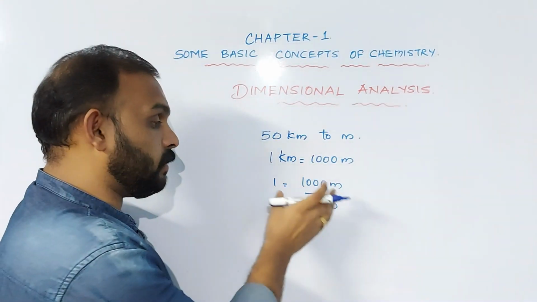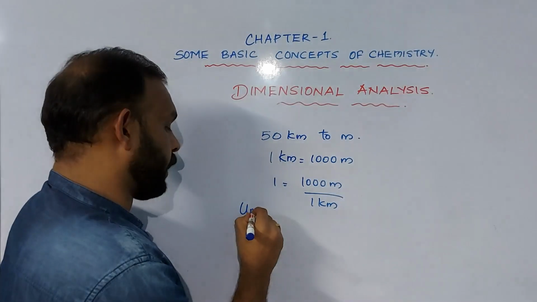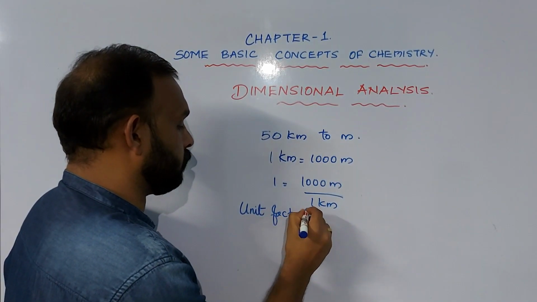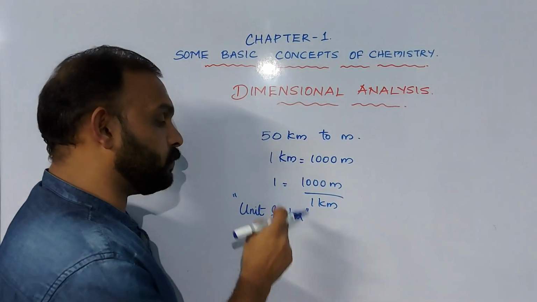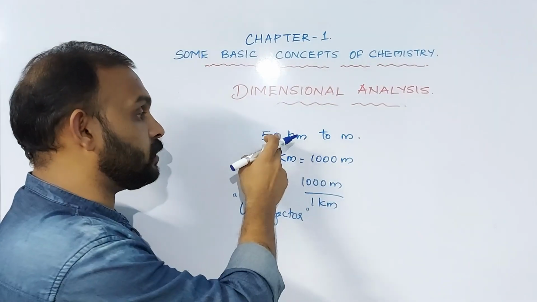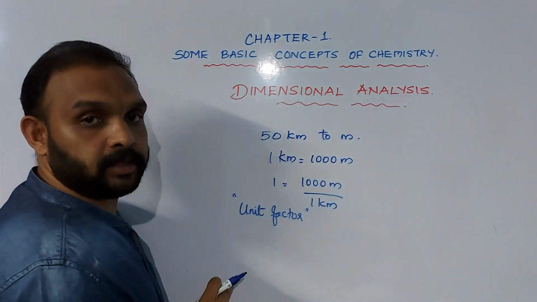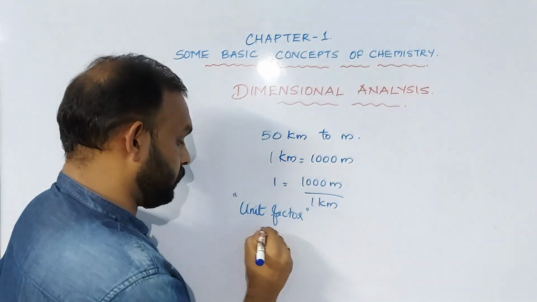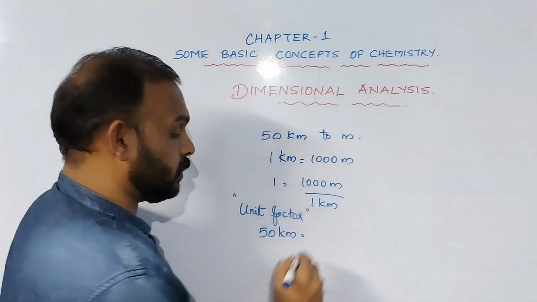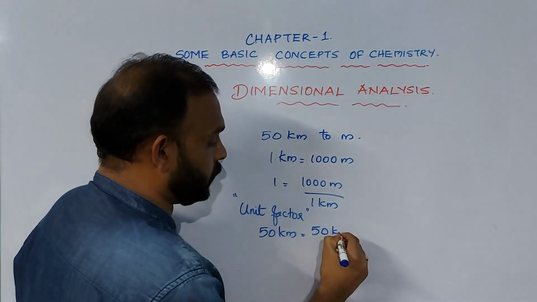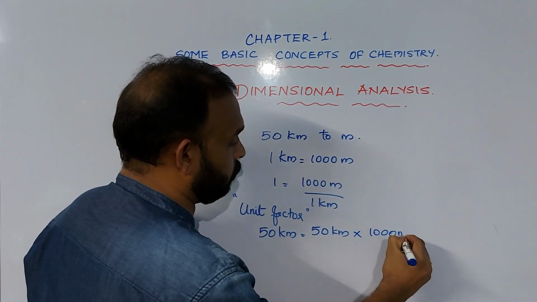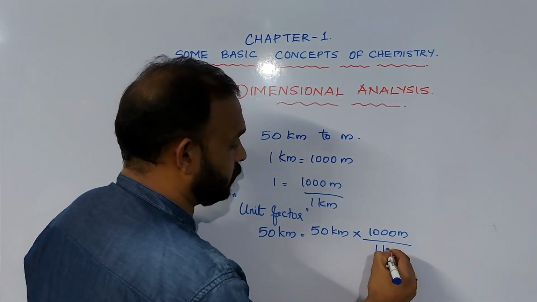This is called a unit factor or conversion factor, because by the use of this conversion factor, we will convert 50 kilometer to meter. Let's see. 50 kilometer equals 50 kilometer into, we will multiply the number with this conversion factor.